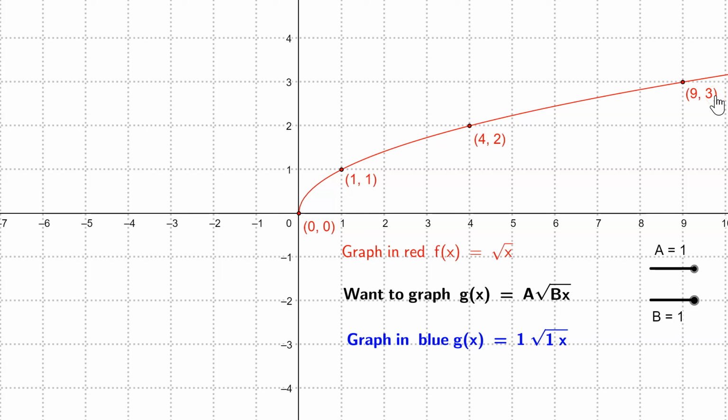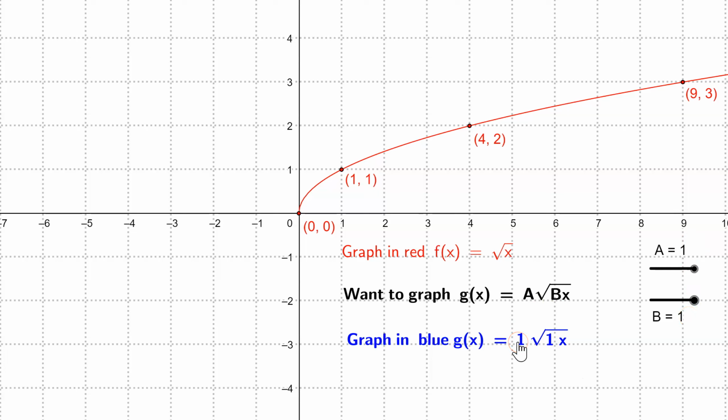get a whole number. What I want to do is now graph g of x, which equals a times the square root of bx. For this video, the only values of a and b I'm interested in are 1 and -1. So initially, I have a is 1 and b is 1.